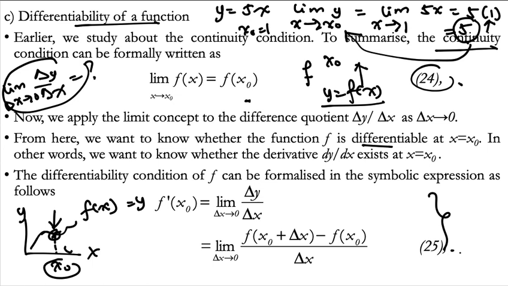Before we go into the detail of the mathematics, I want to emphasize these things so that you can always remember this concept when we go through the steps of showing the relationship between continuity and differentiability. Continuity and differentiability of a function are related to each other. To be differentiable, a function must be continuous.